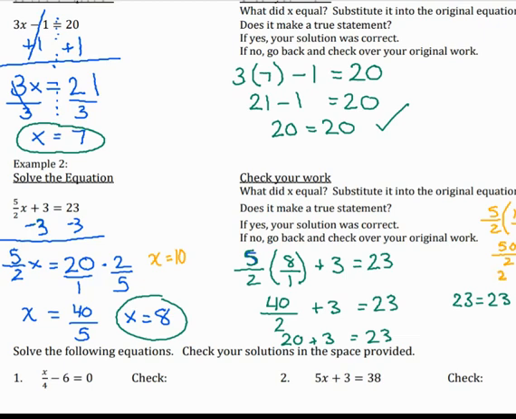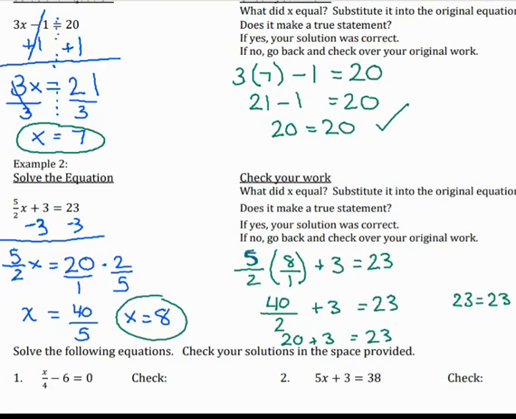That would then be giving me 25 plus 3 equals 23. And on that left-hand side, I would get 28 equals 23. Is that a true statement? No. So that's telling me, oh, you messed up. Go back now to your calculations and try to figure out where you went wrong. Okay? So I just want to show you that because in all of our checks, they've worked because we've done them right. But the whole point of a check is it will catch whether you had a mistake. Okay? So I'm going to erase that now, but just so that you're aware of how a check would work.